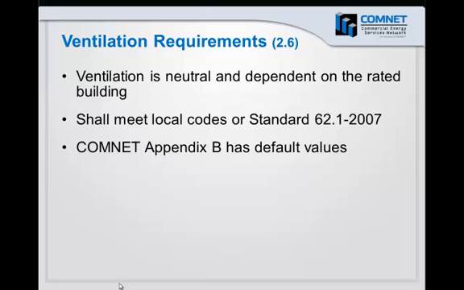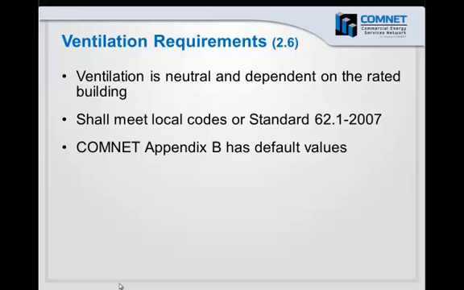Ventilation is treated as a neutral dependent variable. This means that the baseline building inherits its ventilation levels from the rated building and is the same. So there's no credit or no penalty for reducing or adding outside air ventilation to the baseline building.